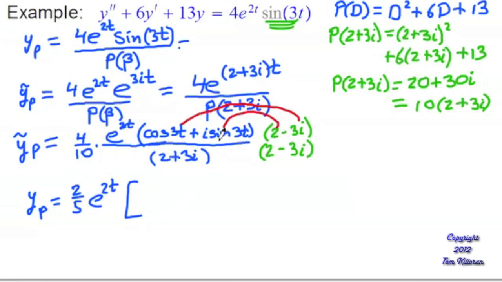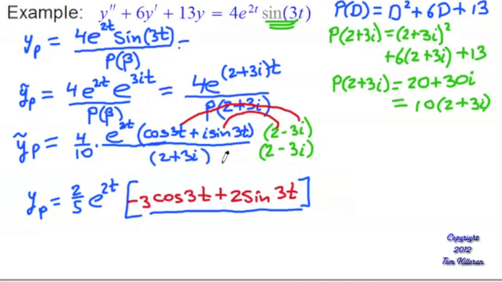That's where my i's are going to come from, so it's the outer and the inner. So in front here, I'm going to write 3 cosine of 3t, and on the inner, I'm going to have plus 2 sine of 3t. And that would be the i terms. In the bottom, we're going to have 4 plus 9, better known as 13.